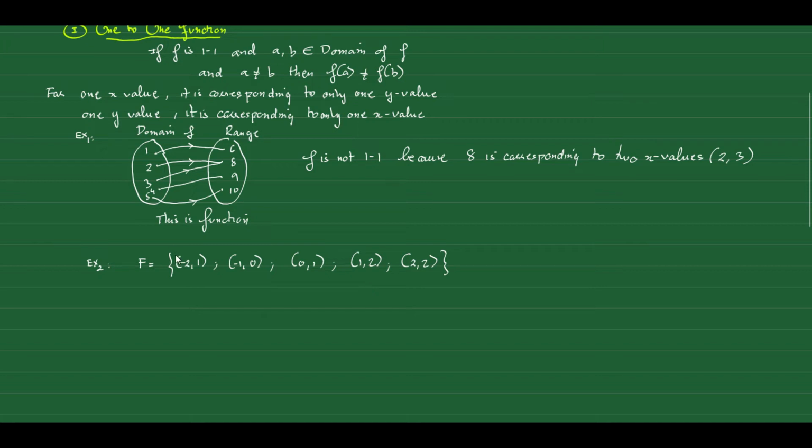Now, first of all, let's check if this relation is a function or not. This relation is a function, because each input is assigned a unique output. None of the inputs over here gives you 2 outputs, so this is a function. So f is a function, but let's see if it has an inverse function or not.